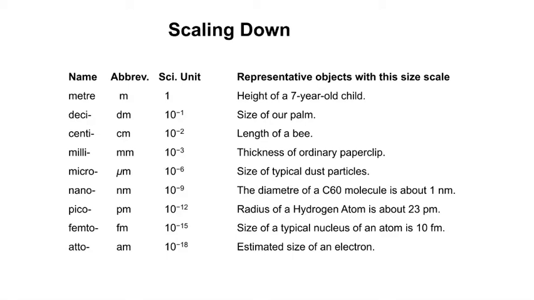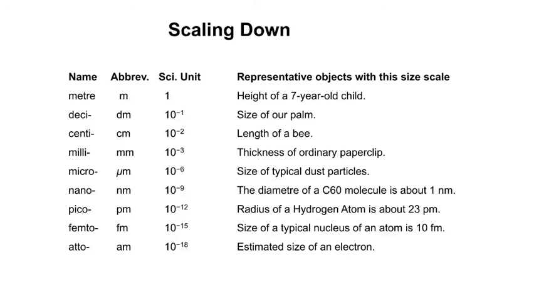Millimeter is the thickness of an ordinary paper clip. If you take a paper clip and measure the thickness, it comes in the range of millimeter. You can also find many things around you. Below that, in the micrometer, you can imagine dust particles.